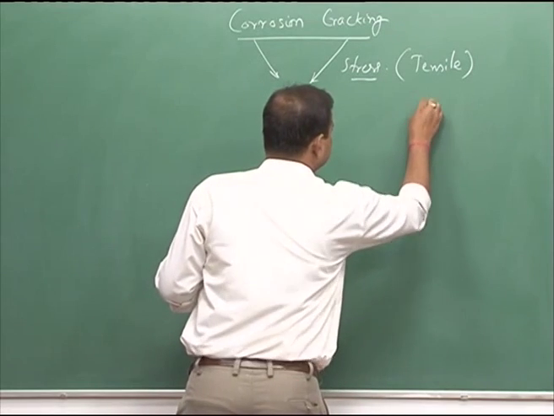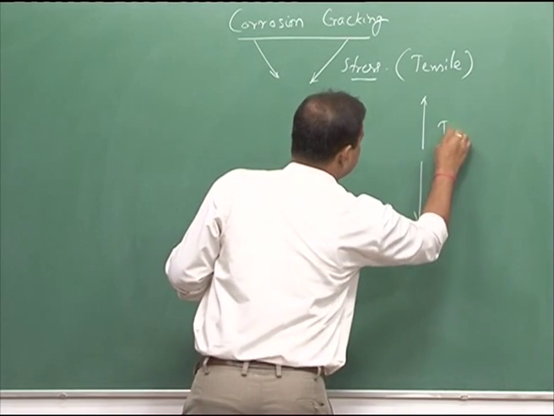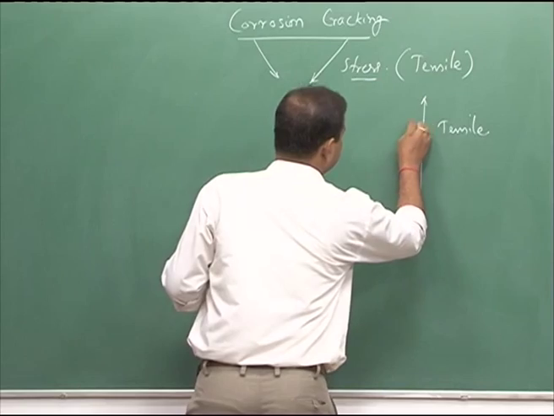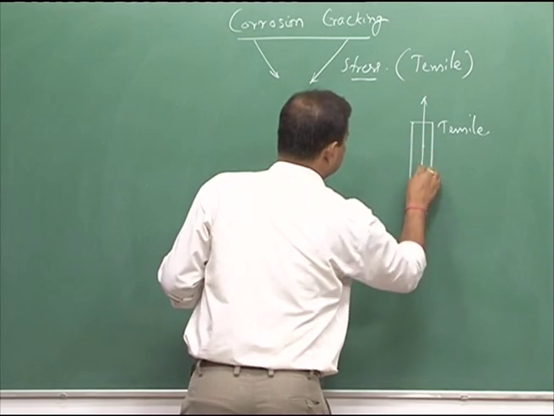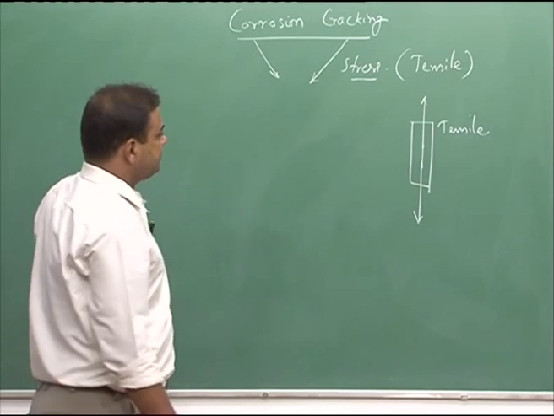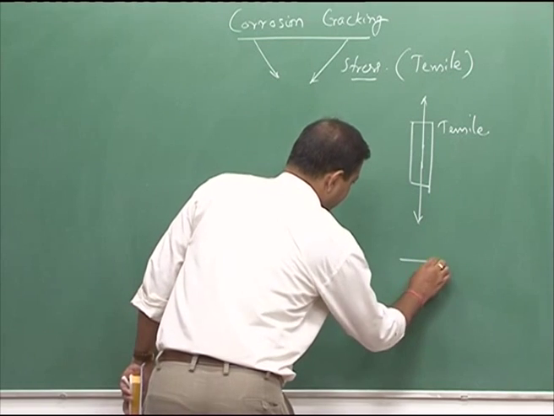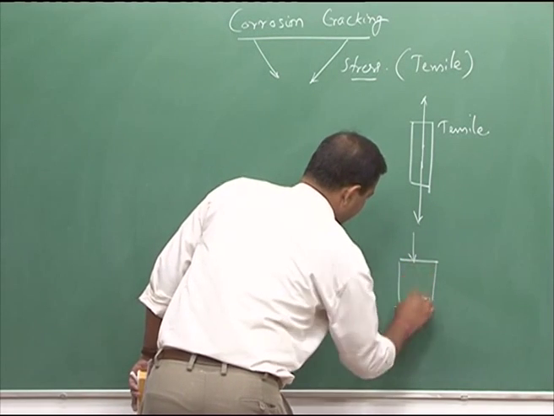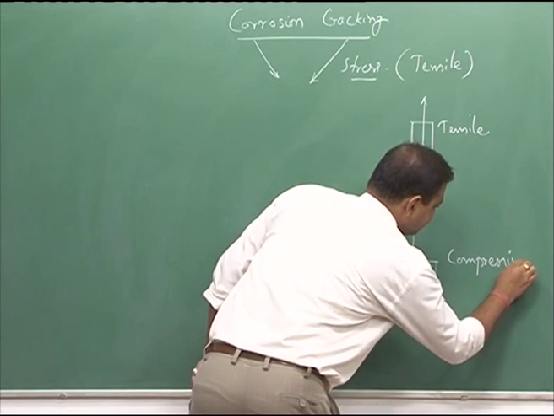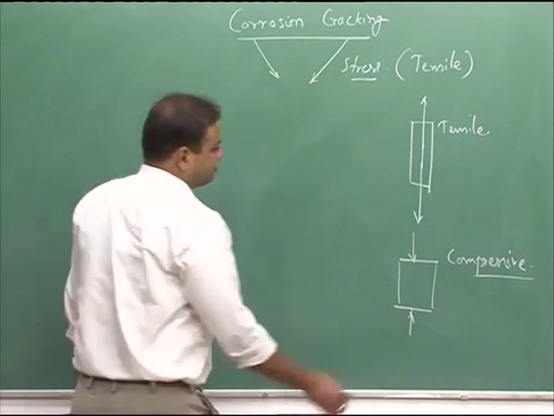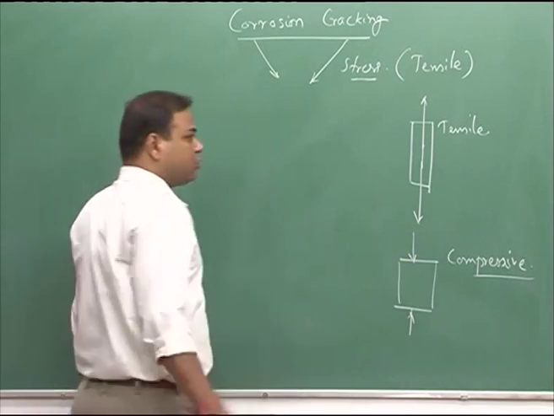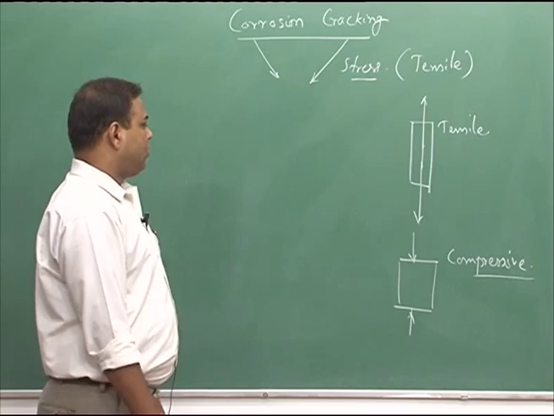Now, there could be two types of stress. One is tensile, when the object is pulled like this, you are pulling it apart. There could be one more situation where you have compressive loading or compressive stress, where you divide the load by the cross sectional area over which the load is acting.